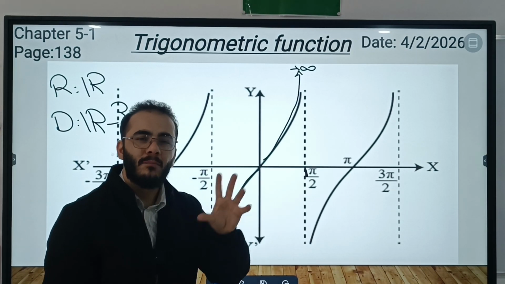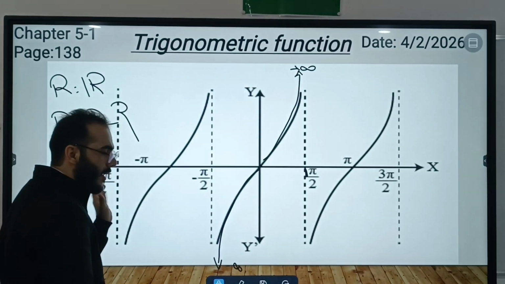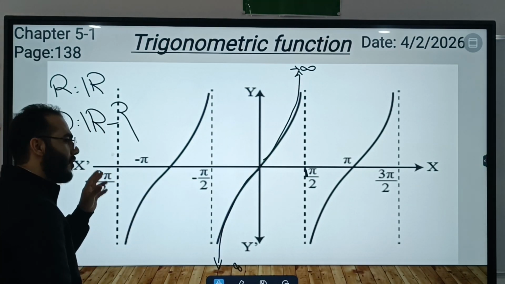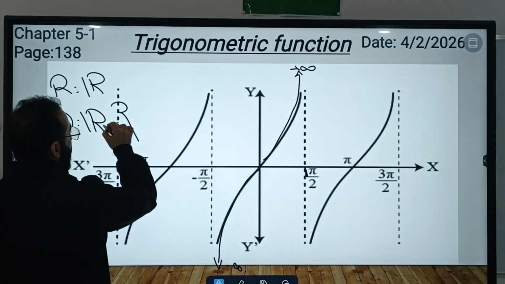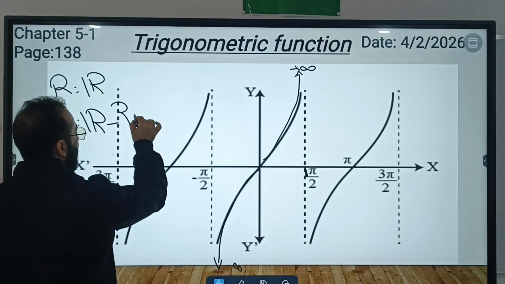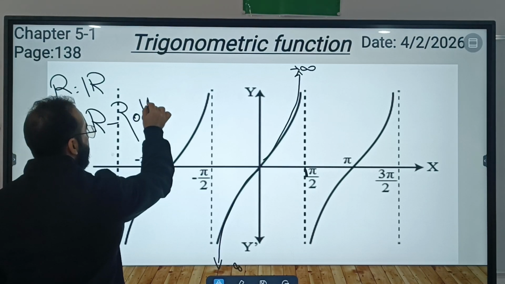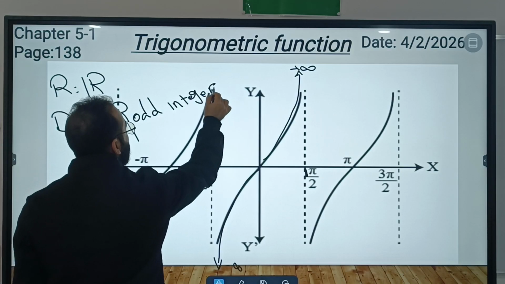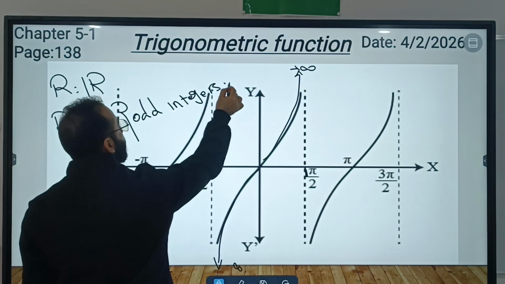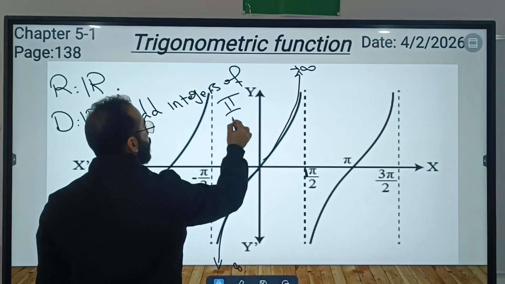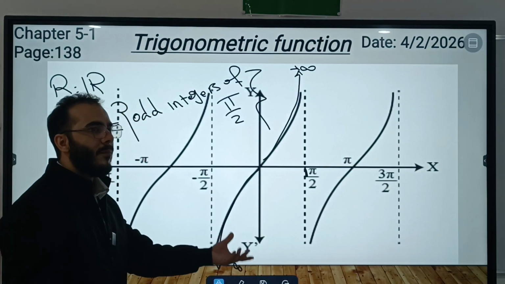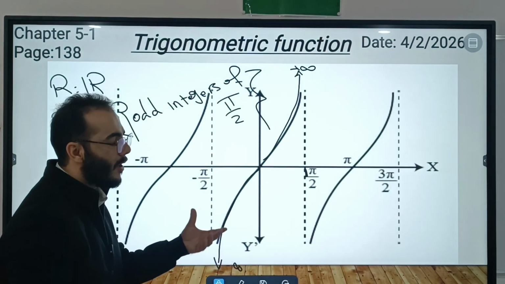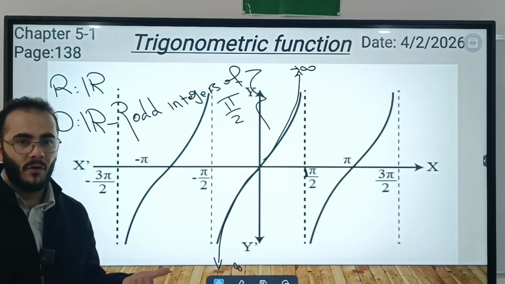So they are odd multiples of pi over 2 from the left side as well: negative 1, negative 3, negative 5. Therefore, all the real numbers minus odd integer multiples of pi over 2.